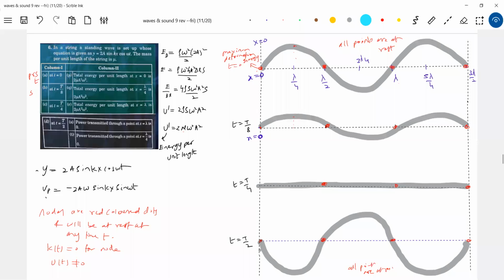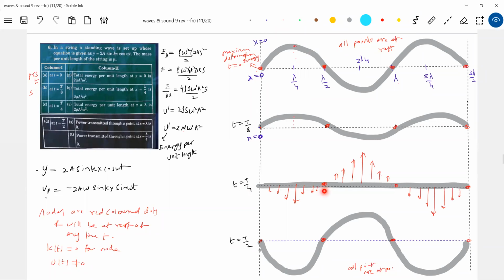Okay, now at t equal to T by 4. Let's come for this one. Do analyze now with the help of this one at t equal to T by 4.